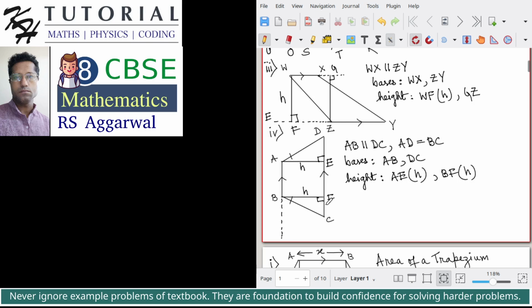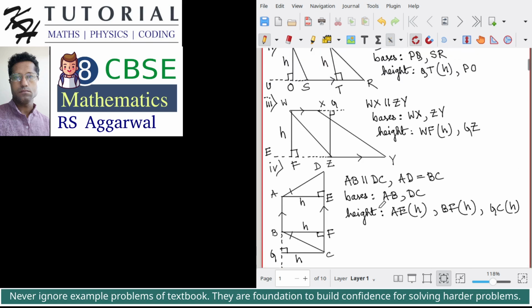Now, if I drop a perpendicular from the vertex C on the extended side AB, this will also be the height of this trapezium. So GC will also be the height of the trapezium. So I hope it's clear what the bases and the height are. A height is also known as altitude. Height or altitude and the bases of a trapezium.